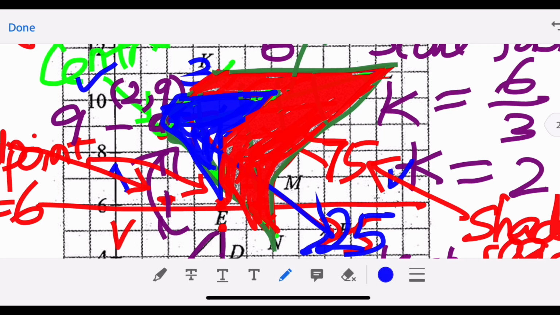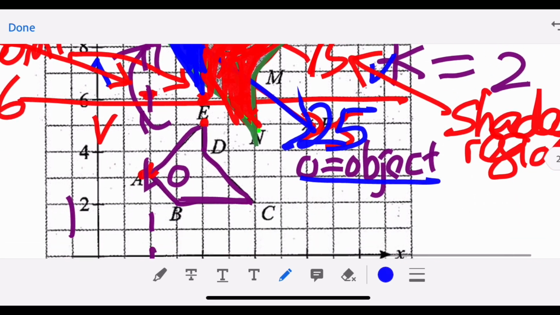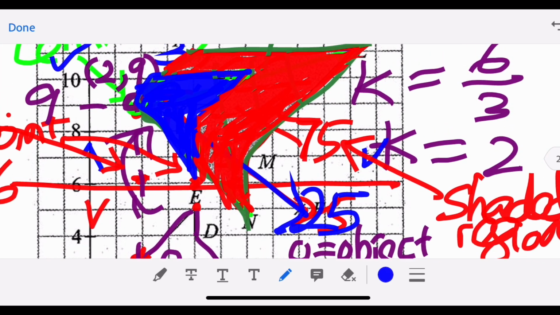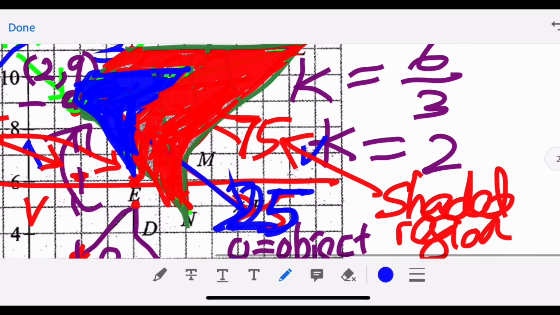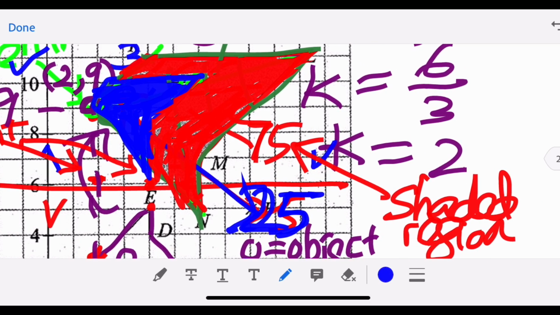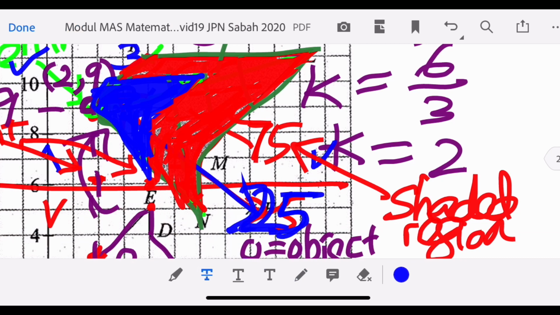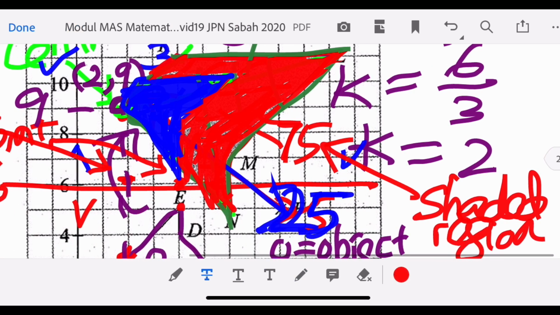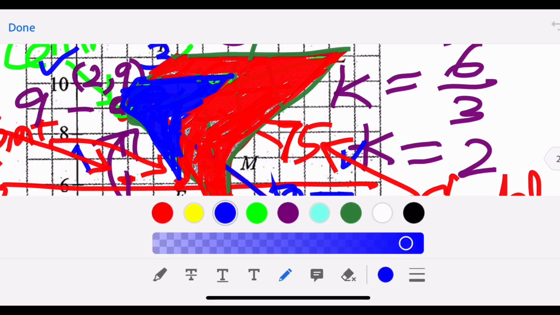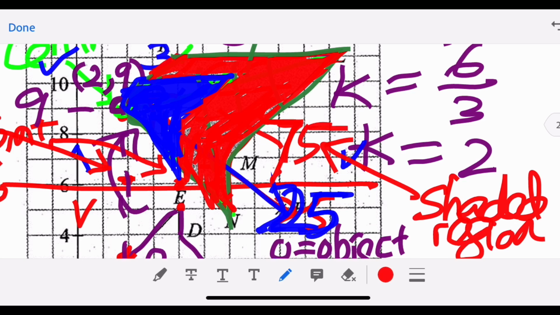Now the one that I shaded in dark blue is the area of the object originally, which is 25, isn't it? So I try to explain in detail so that you get a right picture how to solve the area of shaded region. Okay, all right, so I think that's all my sharing for today.